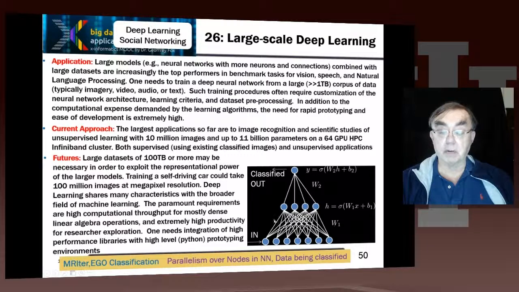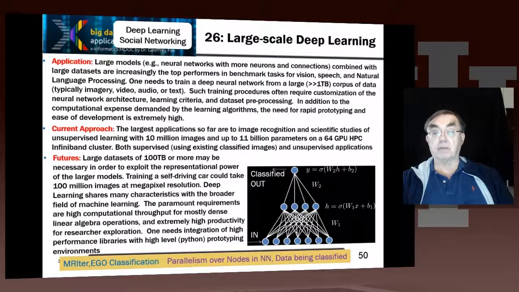These are the weights. There's one for each link, and there are lots of links here. And one has to run this many times, iterate it, to converge to a good classification. This particular group uses Python to do the rapid prototyping to experiment with different approaches.